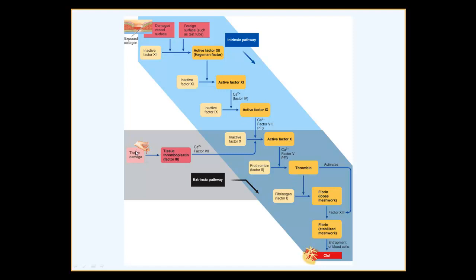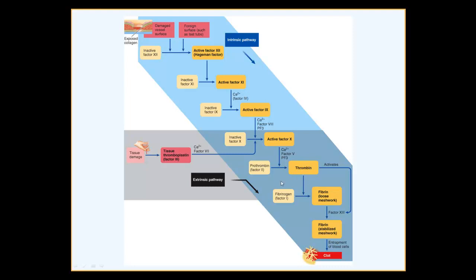For the extrinsic, if you have extensive tissue damage, then you will give tissue thromboplastin, which is factor 3. That will directly activate factor 10 from the inactive form to the active form, and factor 10 directly will activate prothrombin to thrombin. Thrombin is such an important factor because it plays on many things.